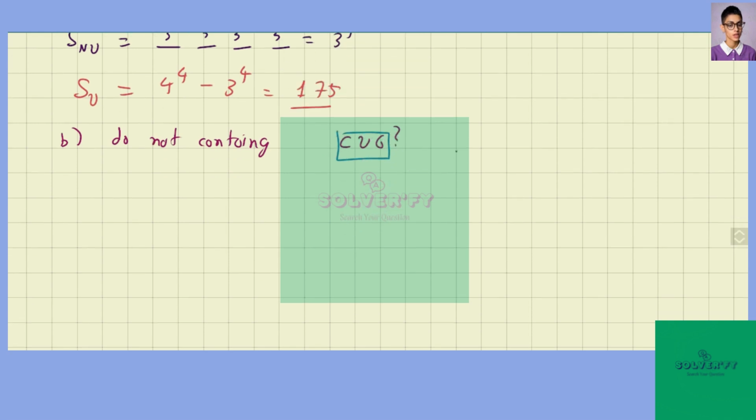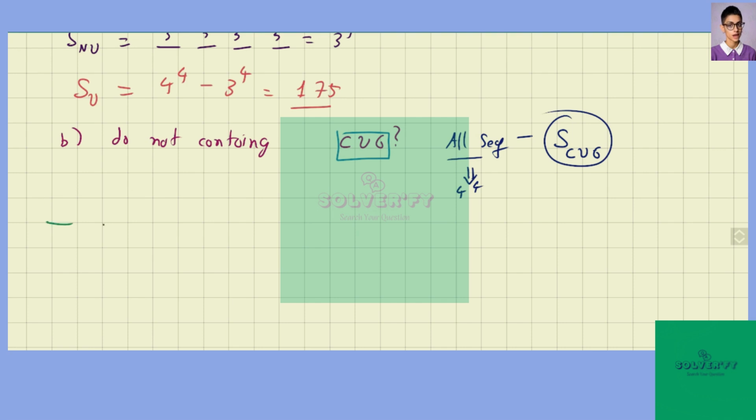We're going to count first all the possible sequences, and we're going to subtract all the sequences that contain these three consecutive letters. All the sequences we have already calculated is 4 to the 4th power, and we just need to calculate this value here.